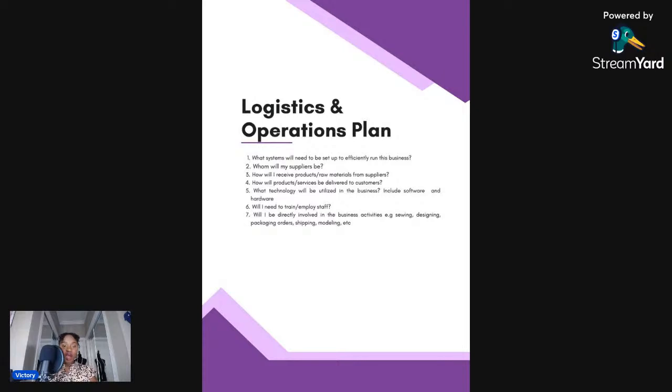And another reason why these systems that we talked about earlier are so important is because when you start to employ people, you need to train them, you need to teach them how to do what you do, right? So as a tailor, if you have that plan of this is the step by step, when we get someone's fabric, we take their measurements, they pick a style, we create the pattern, right?